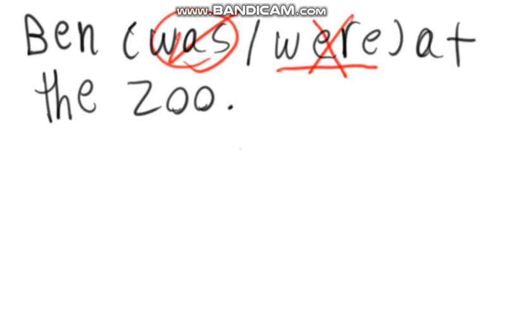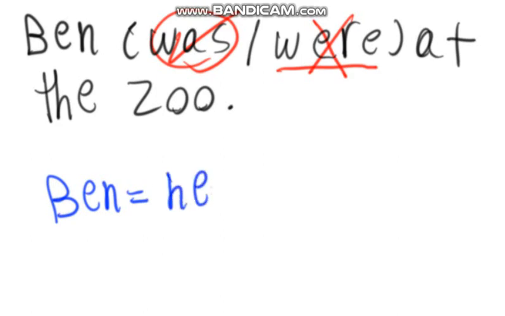So, when we see Ben, we think of, oh yeah, that's a boy's name, so it's gonna be he. Ben equals he. And as we said earlier, he gets was. He was, as you can see. So we're going to have to pick was.